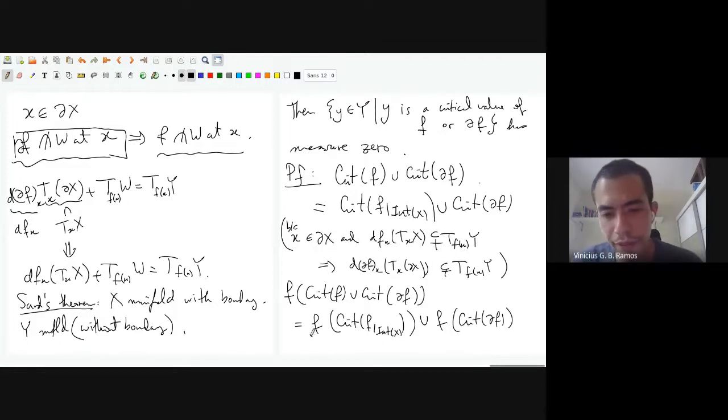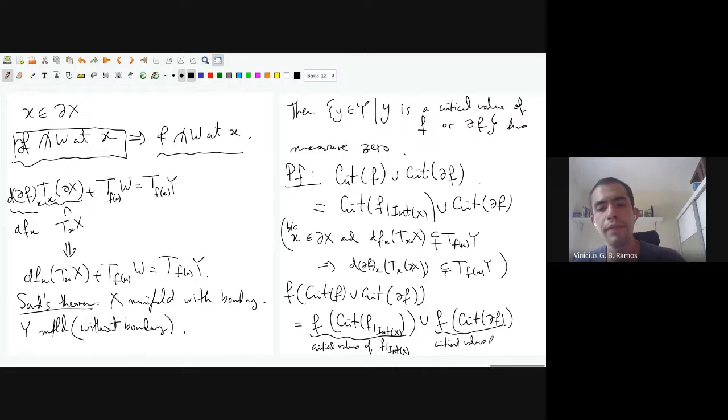So this is the set of critical values of the function F restricted to the interior of X, and this is the set of critical values of the boundary of F. Okay, so we have two sets of measure 0, and their union has measure 0. Okay, that's it.